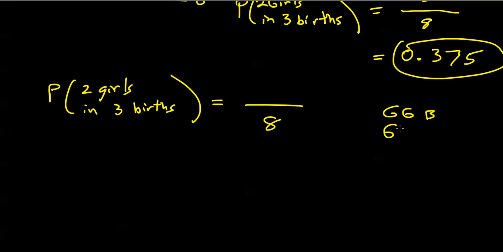There's girl, girl, boy; girl, boy, girl; and boy, girl, girl. So only 3 outcomes out of the 8 will have 1 boy. 3 slots available for that 1 boy, so I can say 3 out of 8 and get the same answer a little more quickly, maybe with a little more finesse.